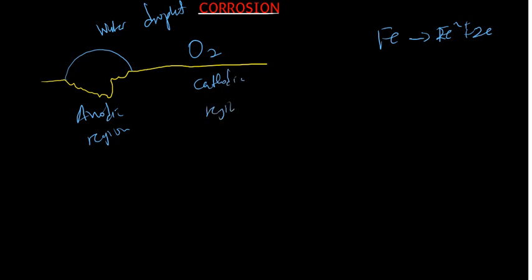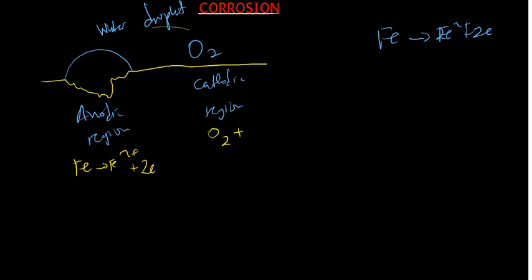Why? Because at that point the oxygen, so let's say on the anodic region, iron is losing 2 electrons to become iron 2 plus. And then on the cathodic region, the oxygen is going to react again with water because there is a water droplet there.